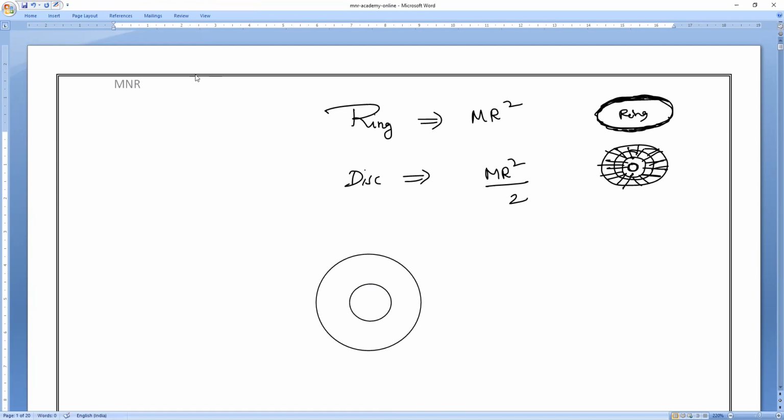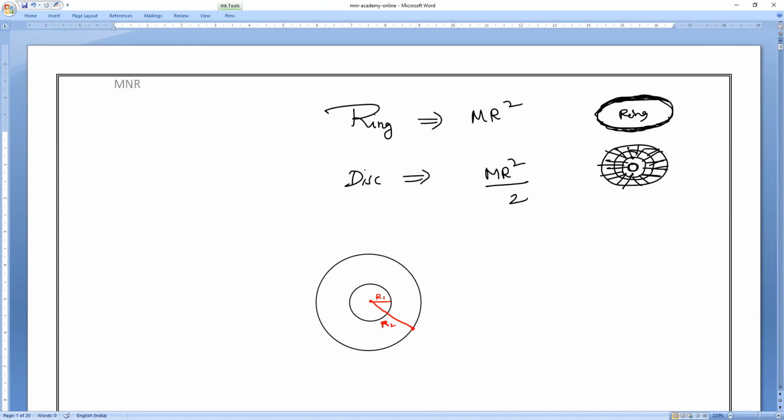Now from the center, let me choose it. From the center to the first one is R1, and from the center the second one I am taking as radius R2.